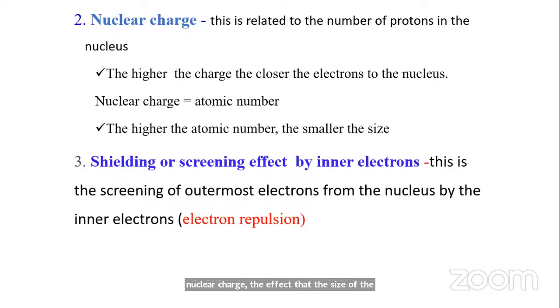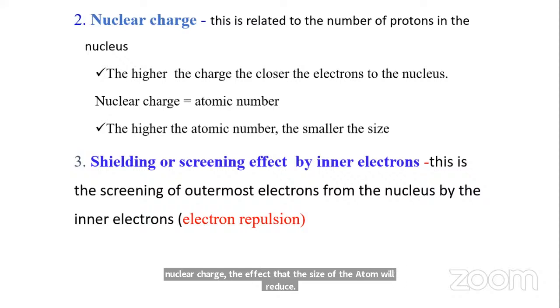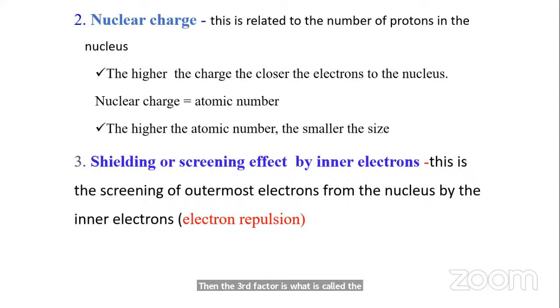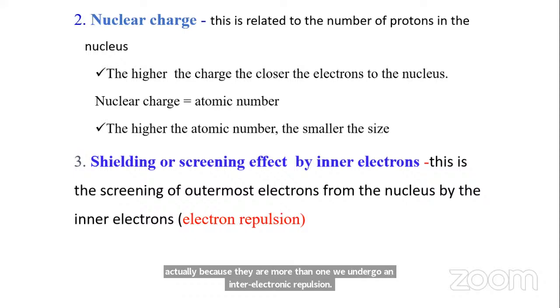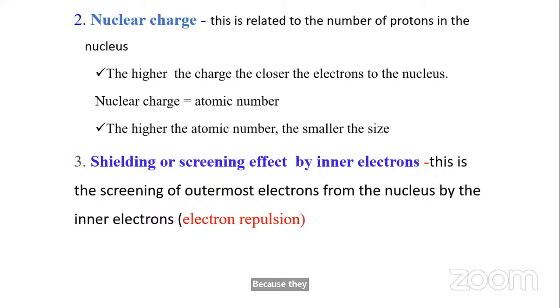Then the third factor is what is called the shielding or the screening effect by inner electrons. Now, this is the effect of inner electrons on the outer electrons. For instance, the electrons that are present in an atom, because they are more than one, will undergo inter-electronic repulsion, because they are same charges placed together, maybe in a confined area.